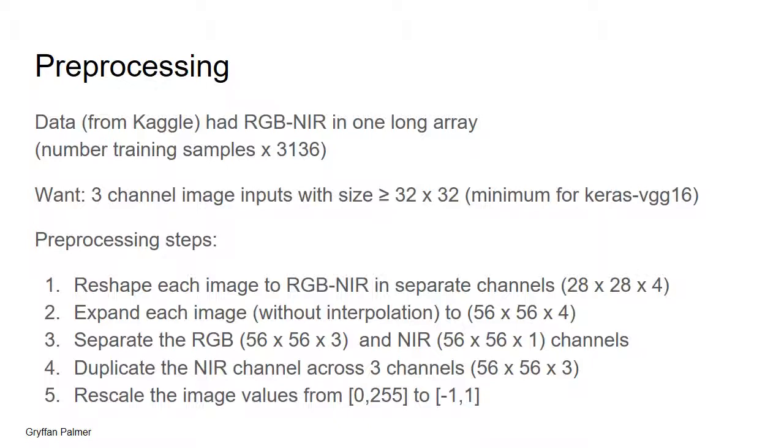Then we separated the RGB and near-infrared channels, leaving us with 56 by 56 pixel values containing the 3 RGB channels, as well as another 56 by 56 matrix of pixel values with the single near-infrared channel. Finally, we duplicated the single near-infrared channel across 3 channels to fit our VGG model and rescaled the image values from 0 to 255 to -1 to 1.